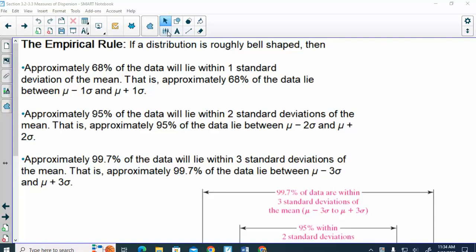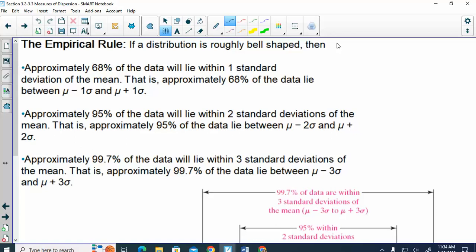So the next piece, we have a couple rules. The empirical rule does not apply to every set of data. It only works if you have bell-shaped data. Okay, so we know that means nice, symmetric data. Then we could apply the empirical rule.